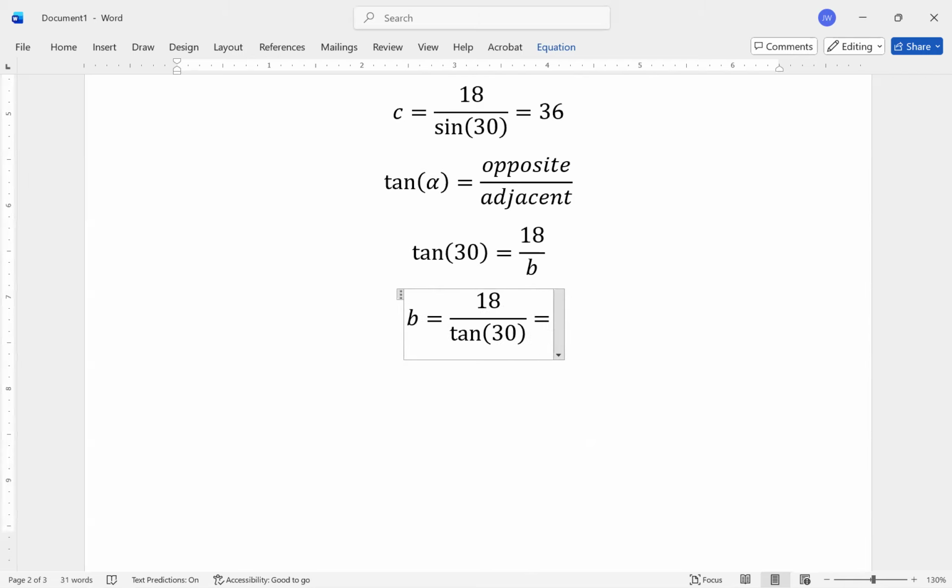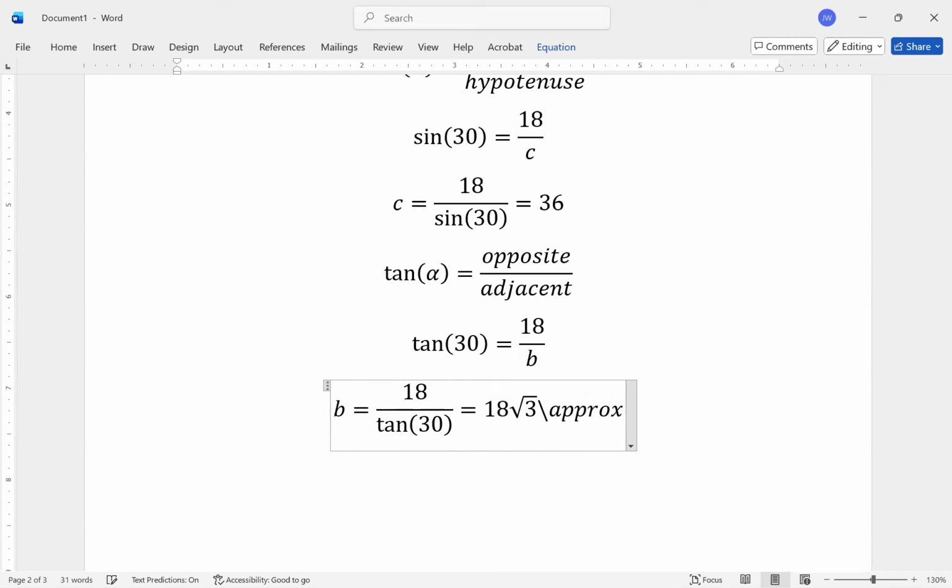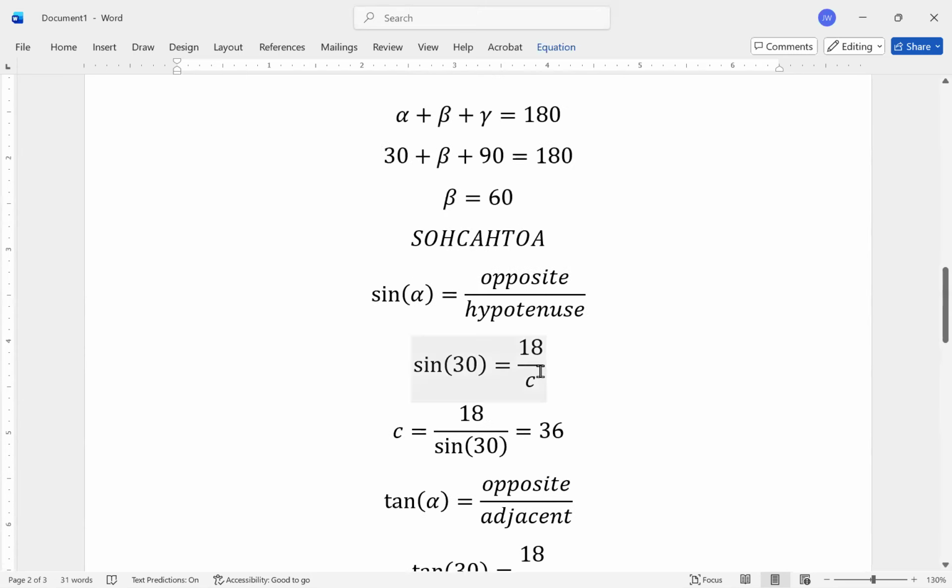And if you take that and type that in on your calculator, you actually get the exact value. The exact value is 18 times the square root of 3, or the approximate value of 31.18, just like we had before.